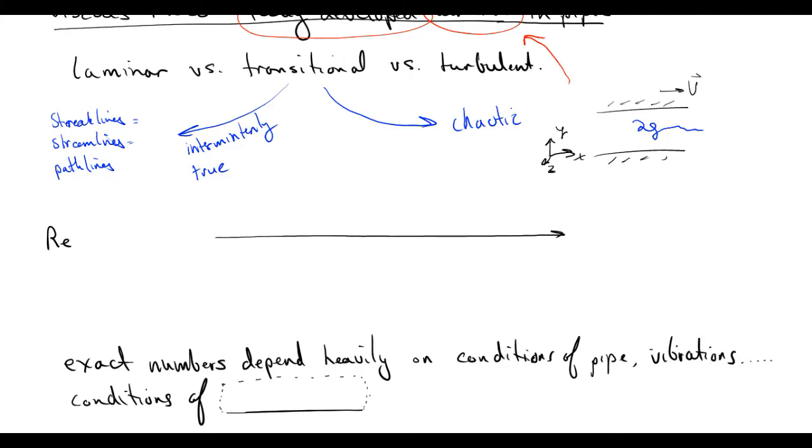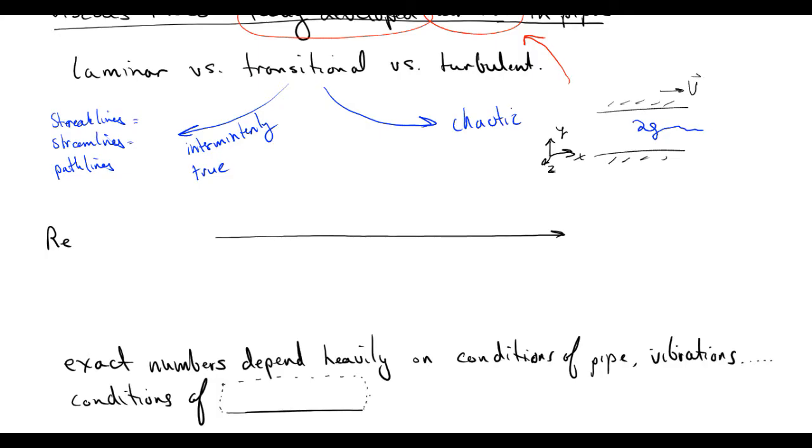Right about 2100 for a Reynolds number for pipe flow, and remember, Reynolds number is equal to density times velocity times diameter divided by mu, where this is the diameter of our pipe and this is the average velocity in the pipe. And density and viscosity, you guys know.